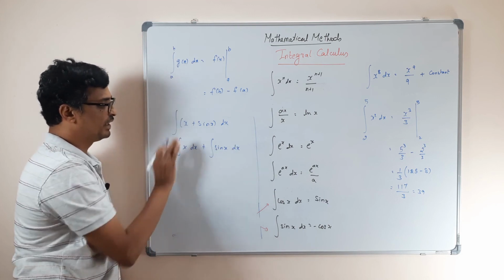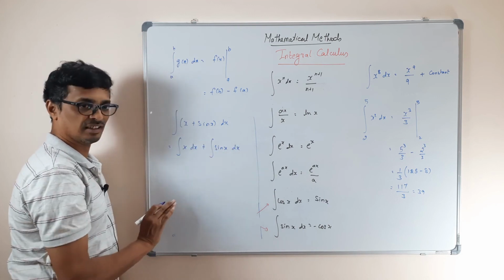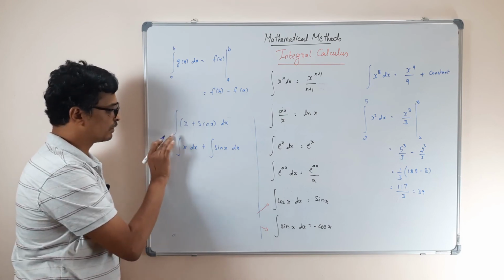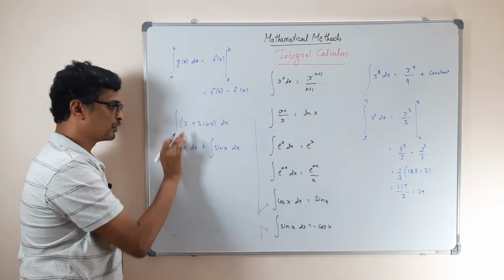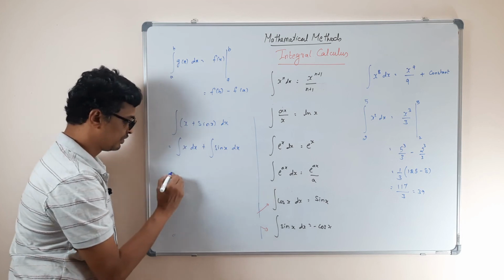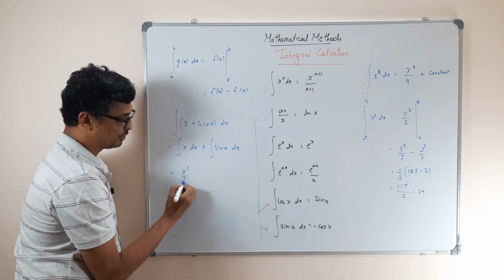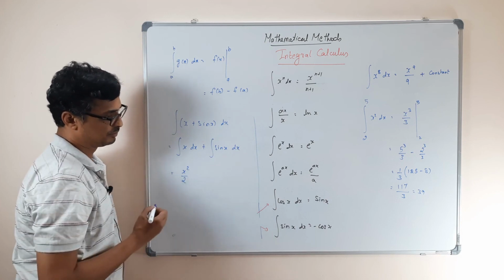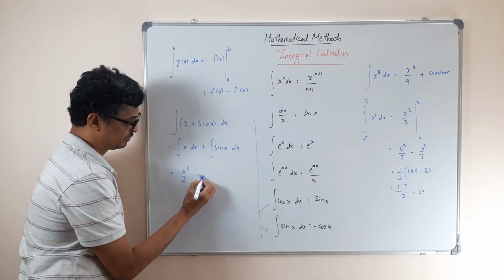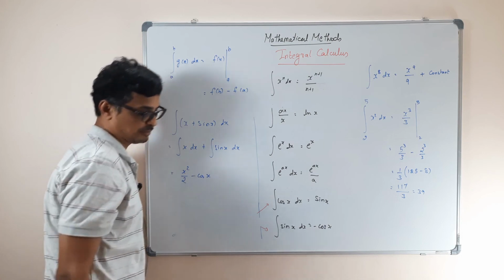If you have a limit, the same limit will come here, like 1 to 2. Here they don't give it. So it will be x square by 2 plus minus cos x.